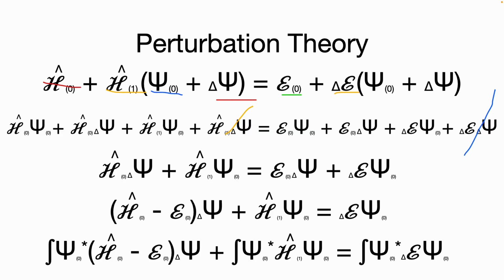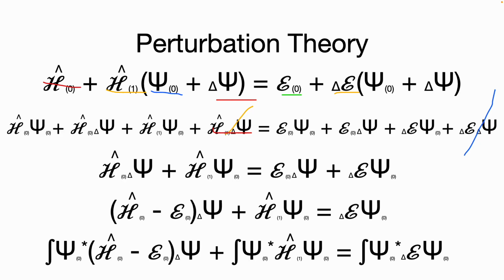It is because it is an assumption that the perturbation to the system is quite small, and delta psi is also a small quantity since the perturbation is small, and hence we expect this quantity to be small as well, and hence we neglect it. Finally, we see that there is cancellation of some terms on the left hand side and the right hand side.